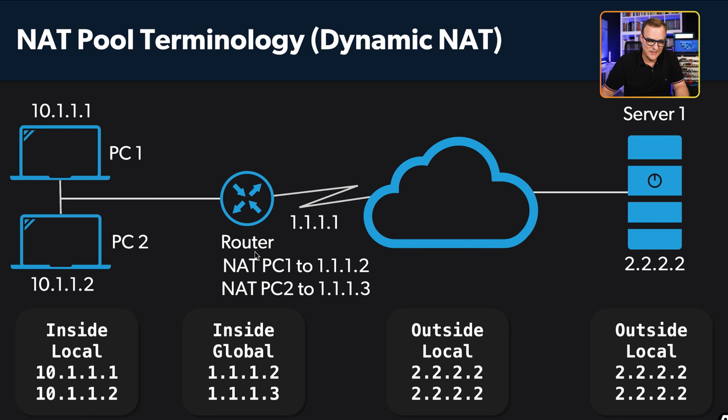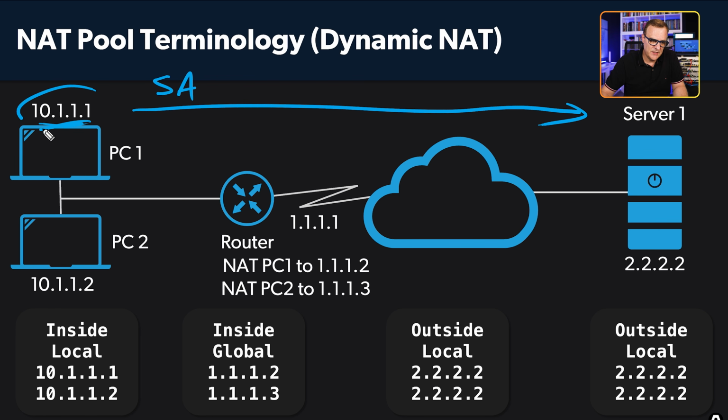This is classic NAT. So notice the inside local IP address is NATed to an individual inside global address when connecting to the same server. So when traffic is sent, say, by this PC to the server, the source address here is going to be 10.1.1.1. But if we capture the traffic here, the source address is going to be 1.1.1.2 for PC1.